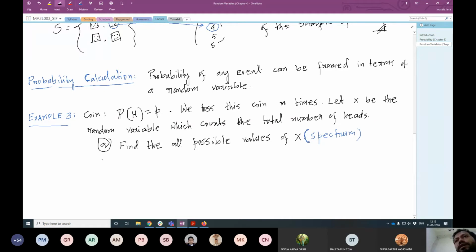And the second question that you would like to ask is, find the probability of X is equal to k, an expression for all possible k.